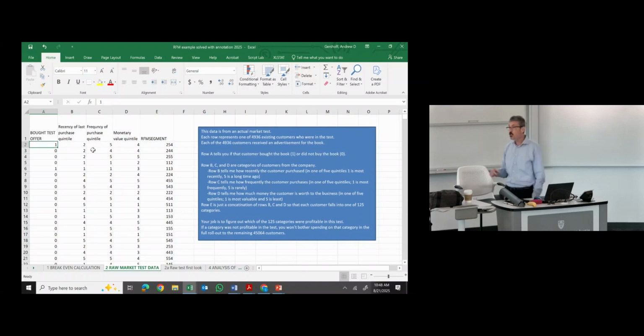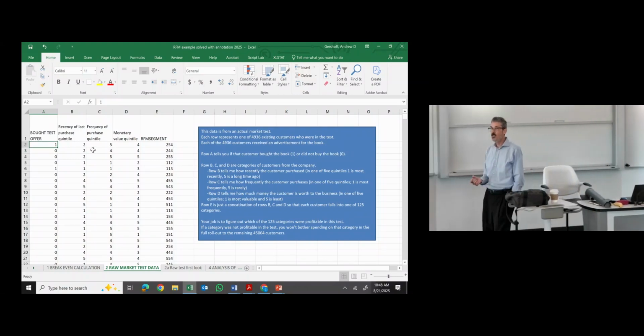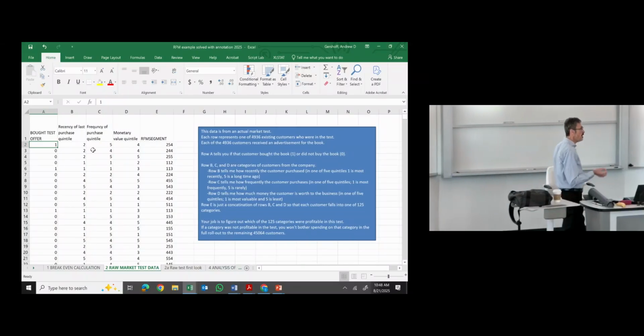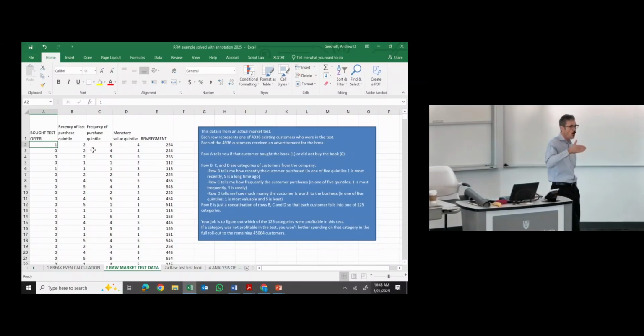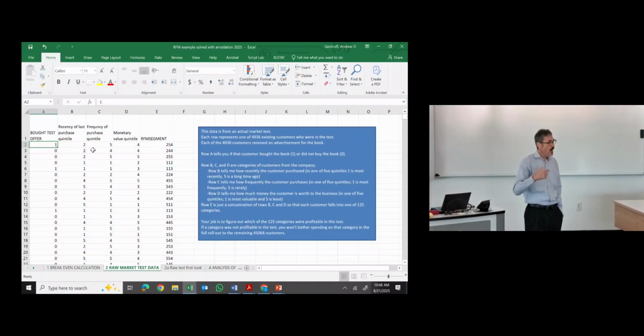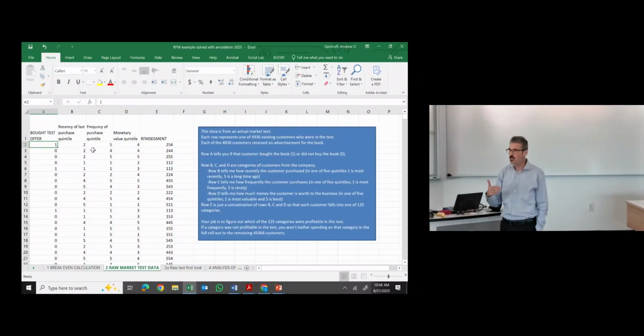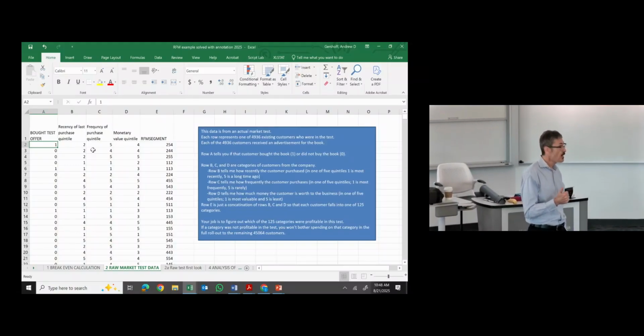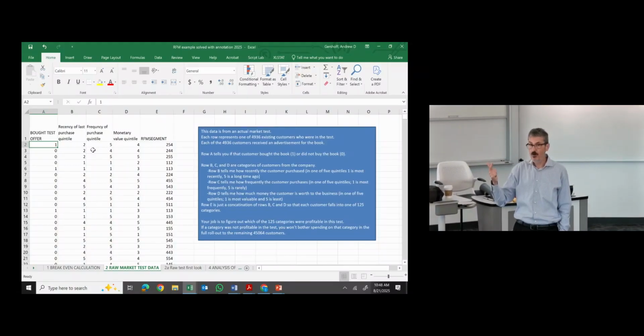And then we also have a little bit of extra information that I'm going to use. Within the test sample, there's a way I can carve up my existing customers. The way I'm going to segment those existing customers is: how recently have they purchased from me? How frequently do they purchase from me?